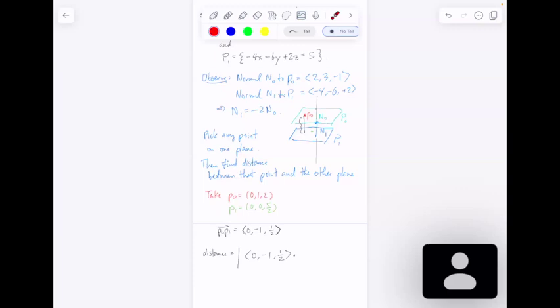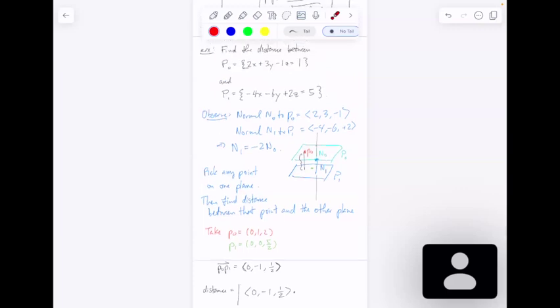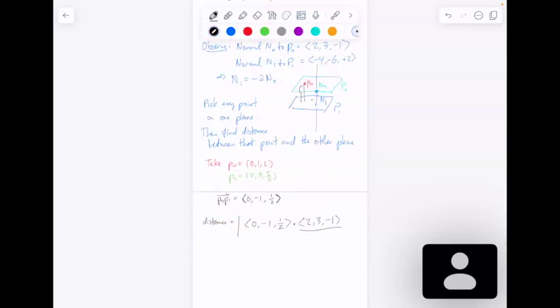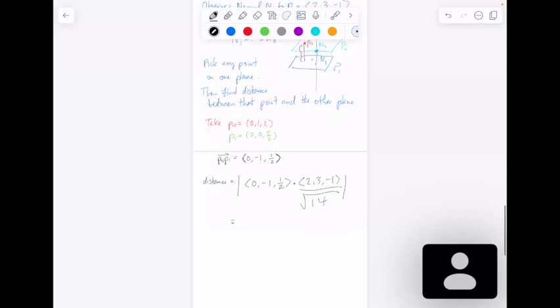And the normal vectors are multiples of each other, so it's 2, 3, minus 1. And you divide this by the square root of 4 plus 9 plus 1, so that's root 14. And so I get minus 3 minus a half. That's minus 7 halves, root 14, so this is 7 over 2 root 14.